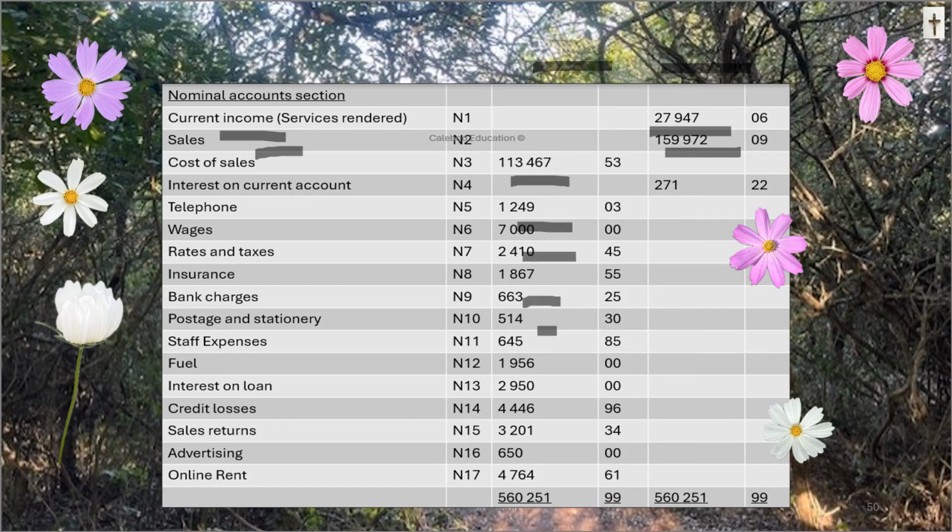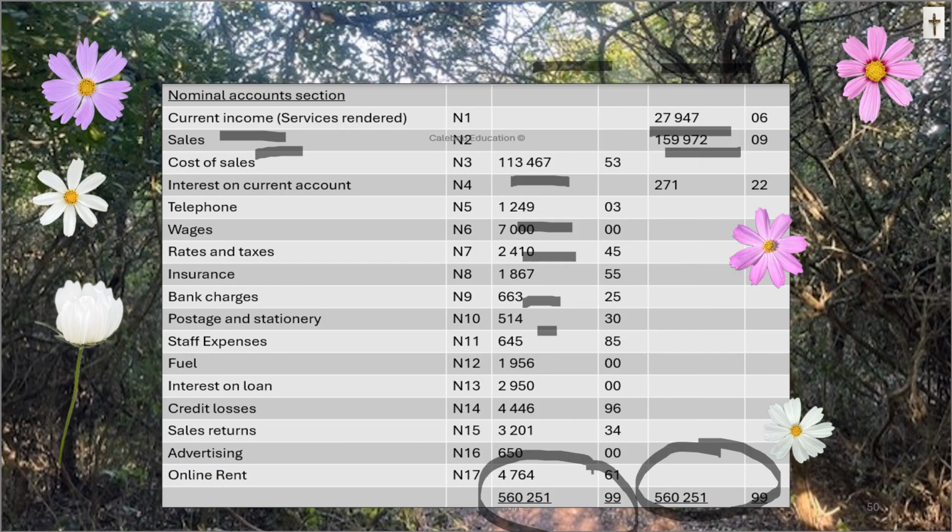And as you can see, after we've listed all our general ledger accounts in this trial balance, the pre-adjusted trial balance, fortunately our pre-adjusted trial balance balanced, therefore our debits equal our credits.